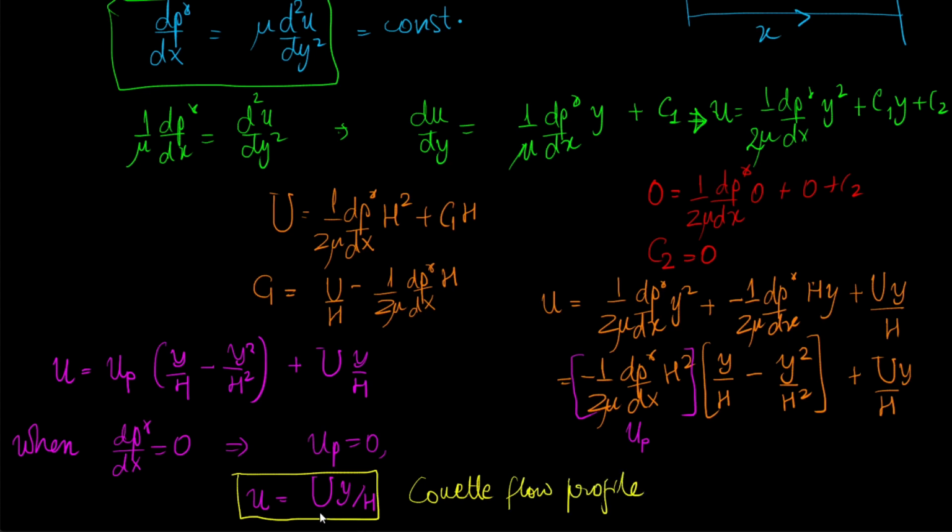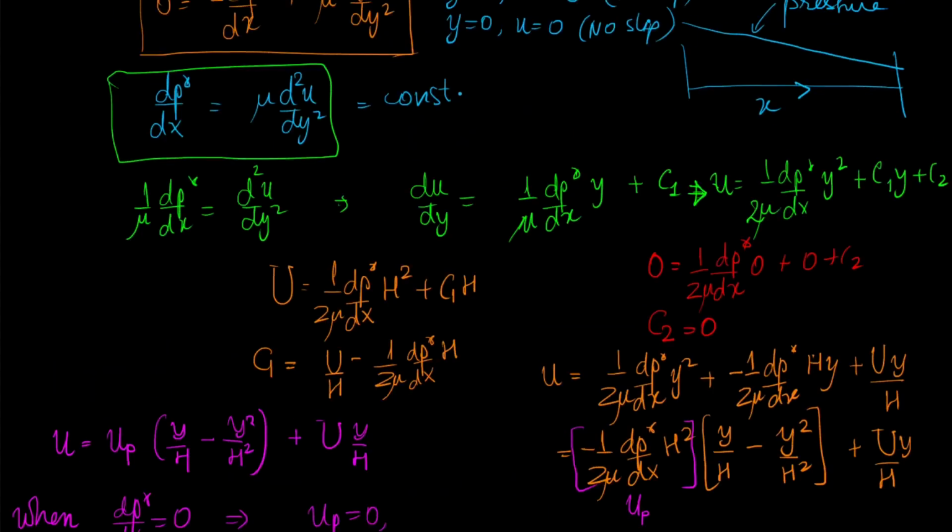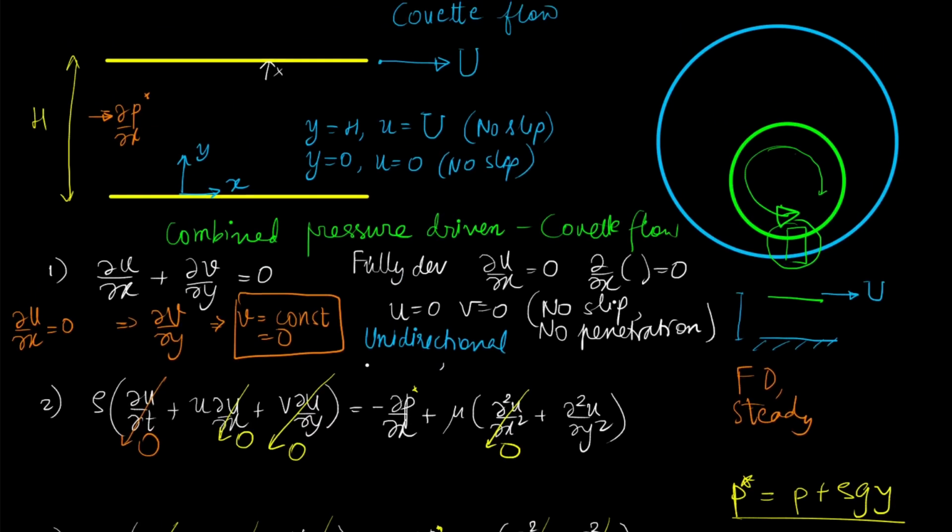And as you can see, this velocity profile is linear. That is, it is something like this. So the velocity over at this location is capital U. Then it linearly reduces and becomes 0 over here.